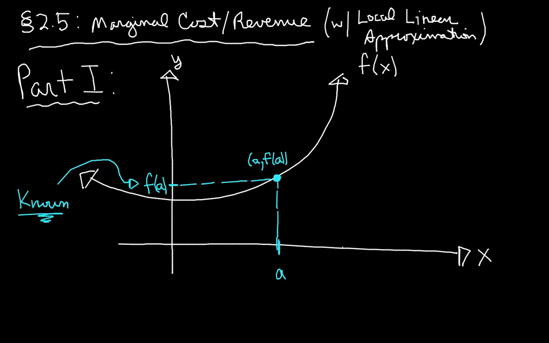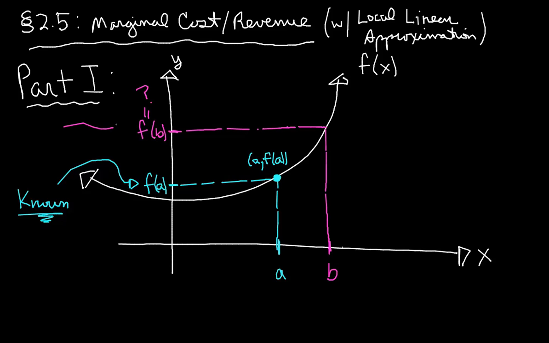And the question is, can you know other values of the function? For example, at x equals b. So what is this value? And we're assuming that this time we can't just plug it in and get it. So this is a question mark. We don't know.